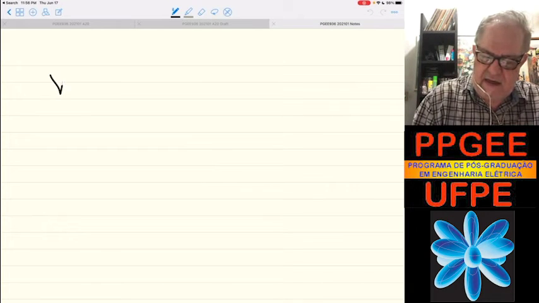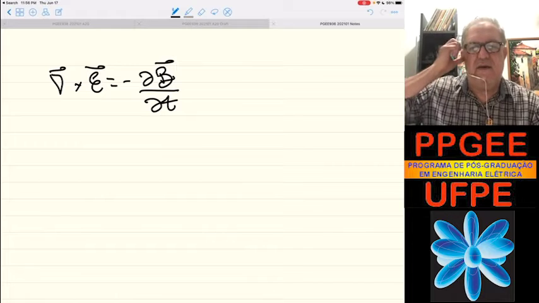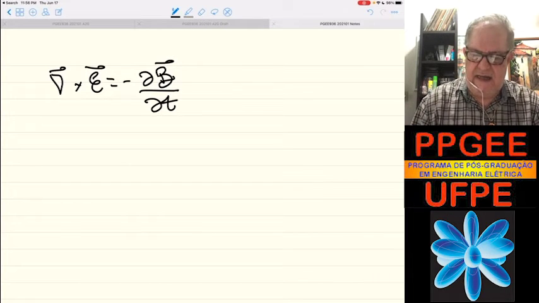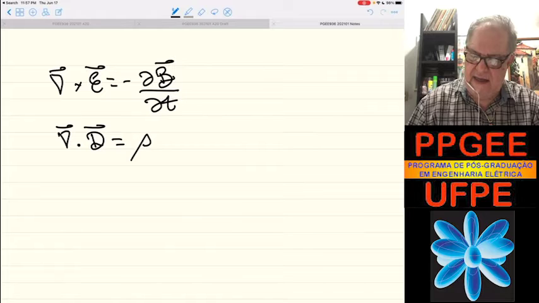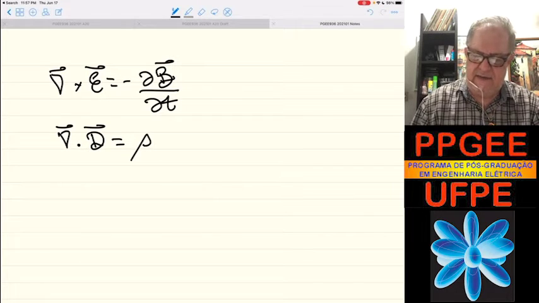We have curl of E equals minus dB/dt, with B in curly letters. Divergence of D equals rho. These are the original equations. Let's make a tilted rho to remember that those are time-varying quantities.